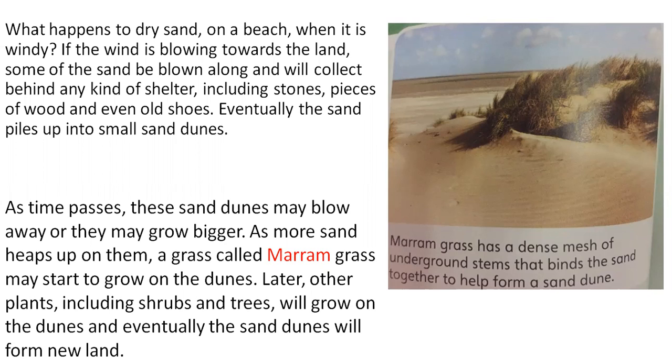On page 34 of your books, the diagram shows an example of marram grass, and it says that marram grass has a dense mesh of underground stems that binds the sand together to help form a sand dune. When we say dense mesh, it means a mixture of underground stems. Okay, let's look at the next slide.